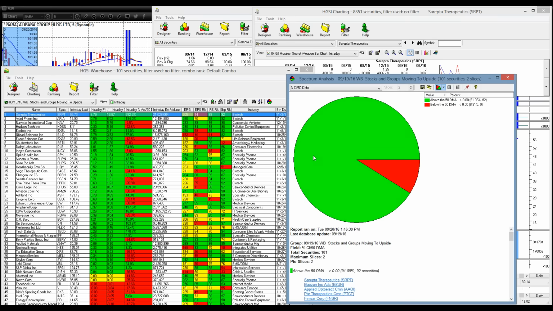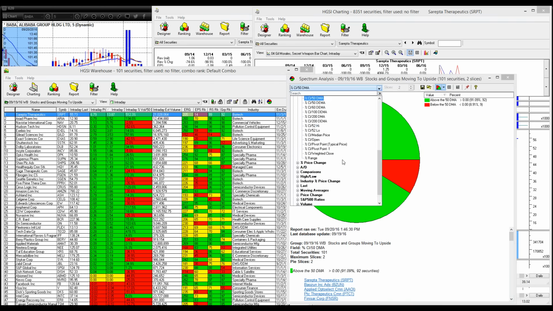Now I want you to click on that drop down and search near the top. Right there, and just type D for industry, and then drop down to where it says industry in the center.